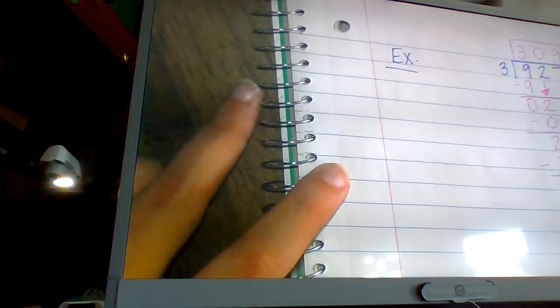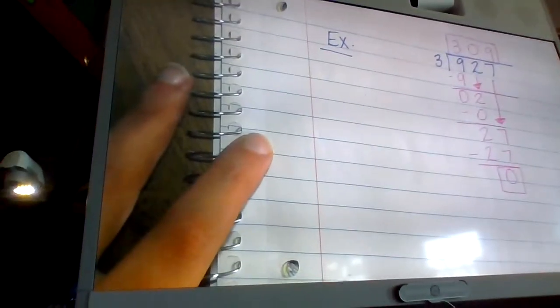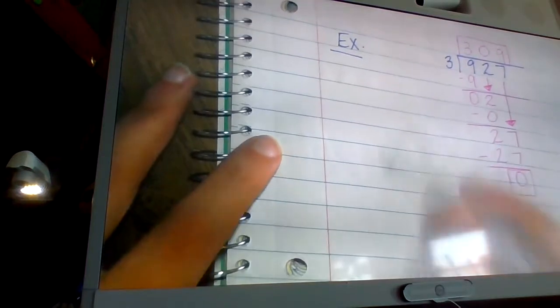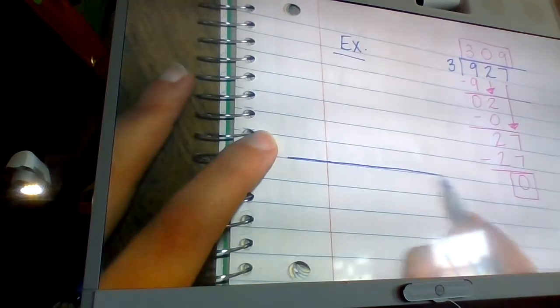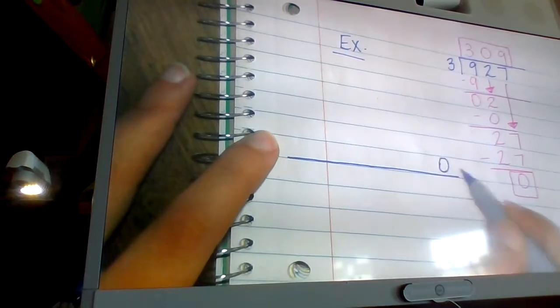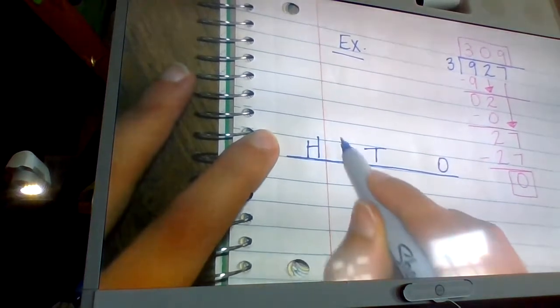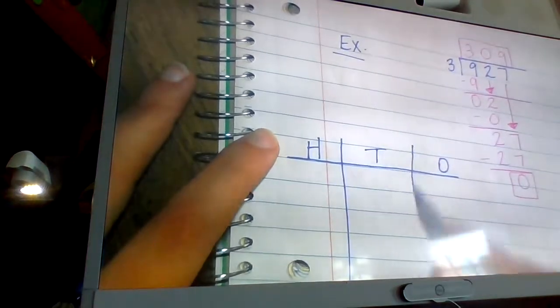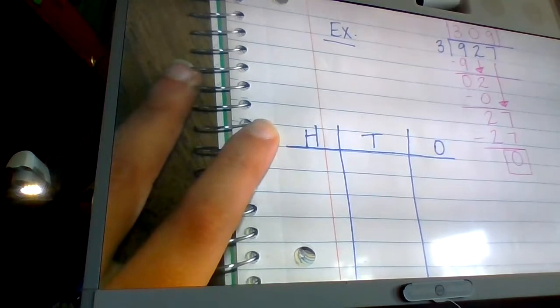Sorry, I'm trying to straighten this out. Okay, 927. Which is a ones, tens, hundreds place. Okay. So ones place, tens place, and hundreds place. Make a quick place value chart, and I'm going to use place value discs to represent the dividend.